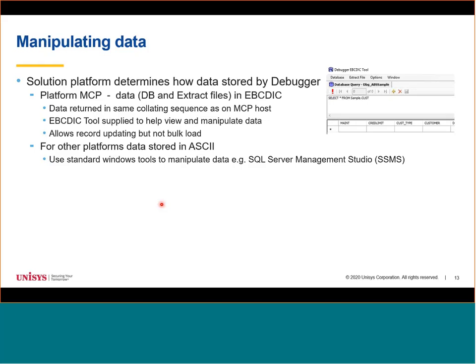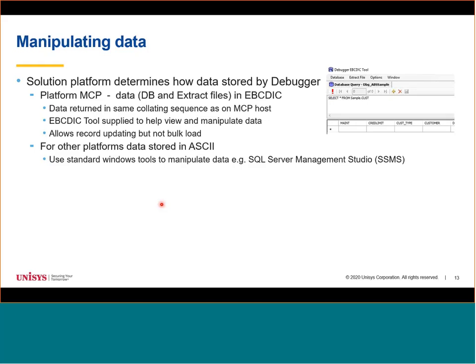That target platform in 7 can be either MCP or Windows, and obviously will include 2200 when we get to 8. But if you're using MCP as the target platform, what that effectively means is we will create the database data and all the extract files in EBCDIC, because that's the collating sequence used on the MCP platform.